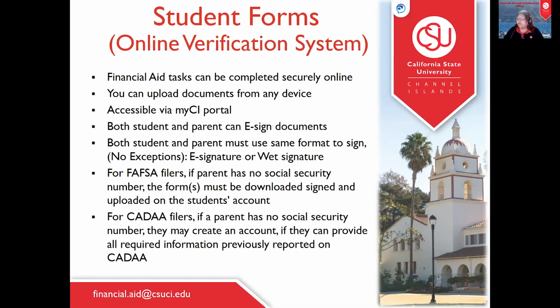So this is very important that you know how to navigate and you are familiar with your MyCI portal. If this is your first time accessing Student Forms, you want to make sure that you create an account. Some students sometimes don't know how to get into their My To Do list or don't know how to get into the portal. So it's really important that you create an account and that you have access to that.